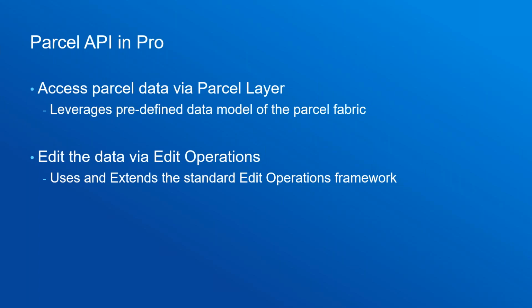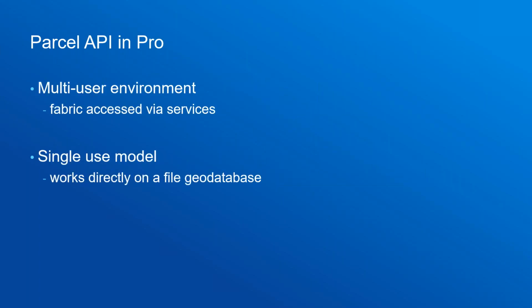And then in terms of the editing of the parcels, the Parcel API just extends the standard framework that's used for edit operations. Parcel Fabric can be used in both a single-user as well as a multi-user environment.